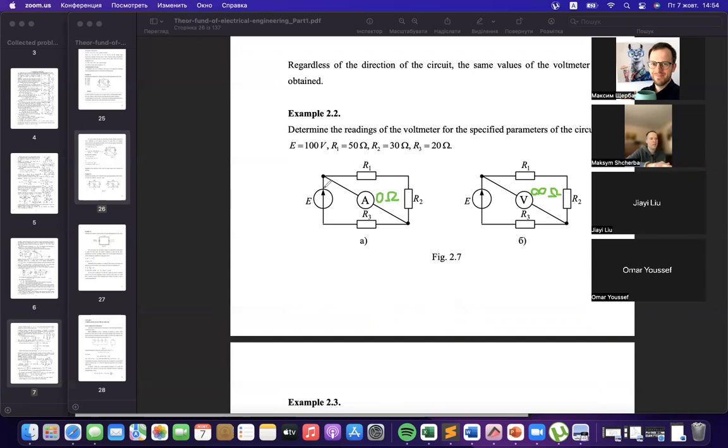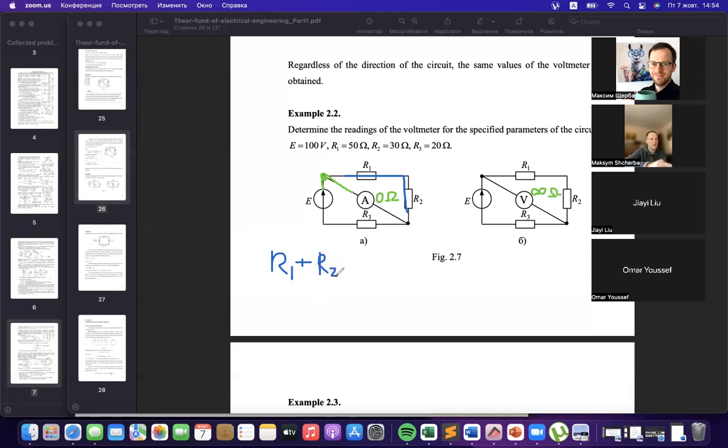Then in the first case, current will flow only through the ampere meter because in the upper branch we have some resistivity, and this resistivity is much bigger than the resistivity of the ampere meter.